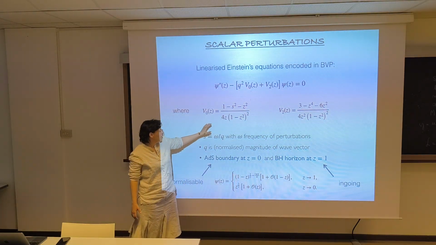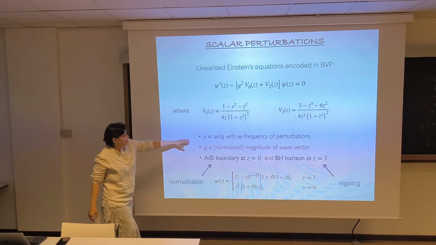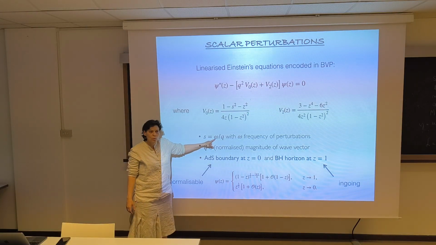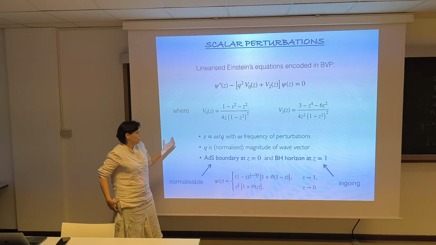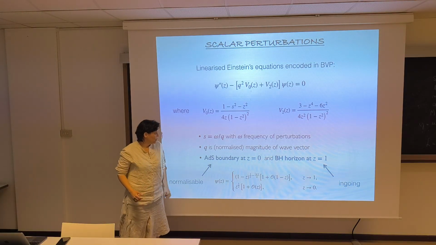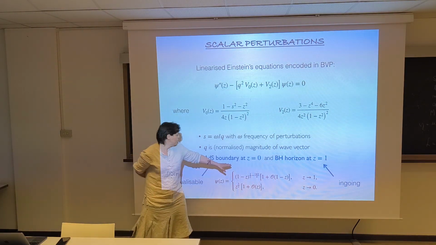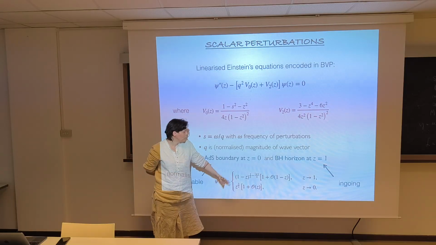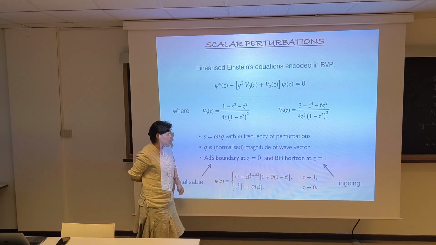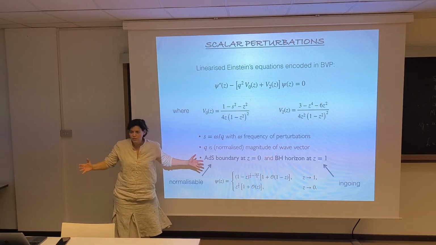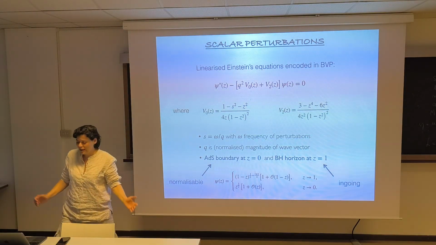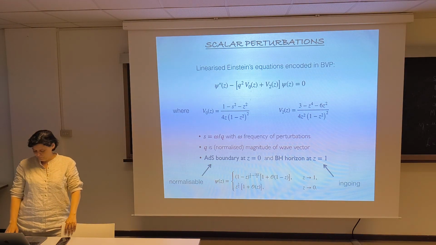S is just my quasi-normal mode frequency divided by Q, and Q is the magnitude of the wave vector. My AdS boundary is at z equals 0, and the black hole horizon is at z equals 1. I have my two boundary conditions, given by this. That's the problem I would like to solve.